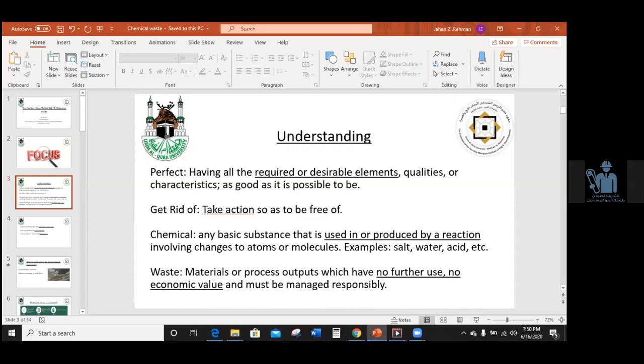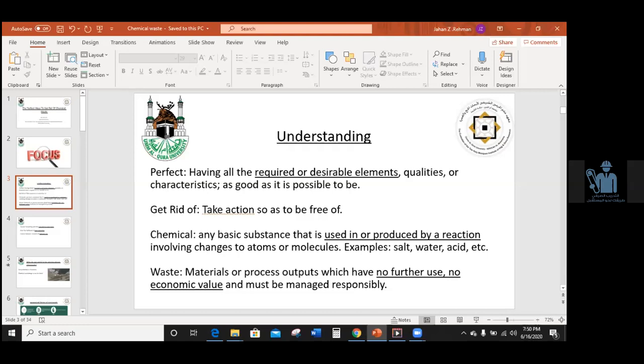If my mobile is totally out of use, if it is 10 or 15 years old, even though it is workable for someone else, or if any substance loses all its uses and does not have any economical benefit, then this substance is supposed to be waste. For example, if we demolish a building, there is a big construction waste.